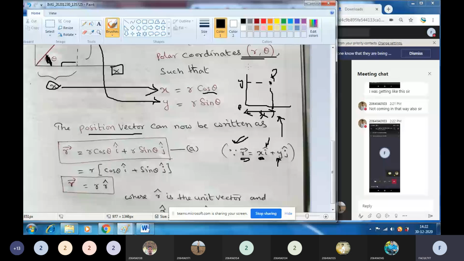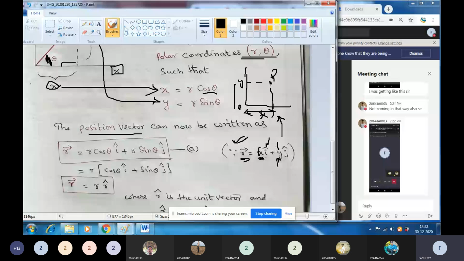Now similarly you are going to find the y coordinate. The same thing here, you are mentioning the x value and the y value. So i and j are the representations. The x value is along the x axis and the y value is along the y axis.